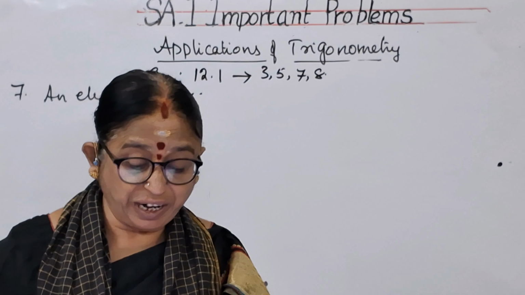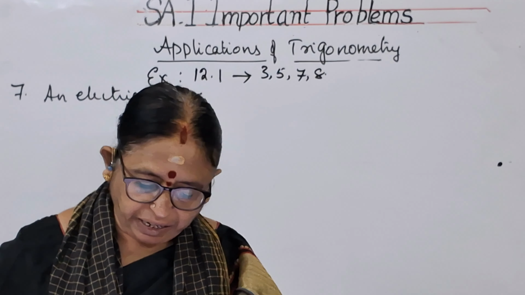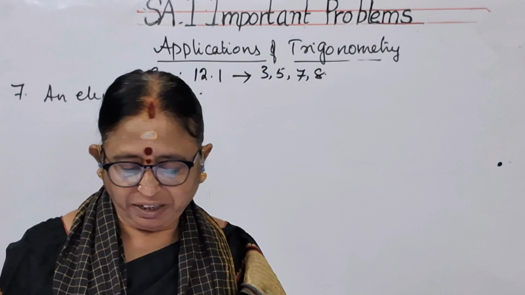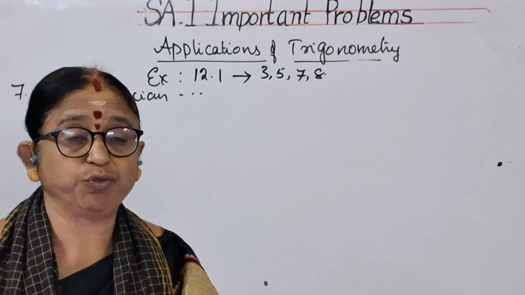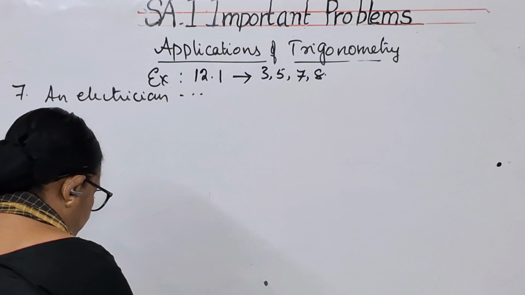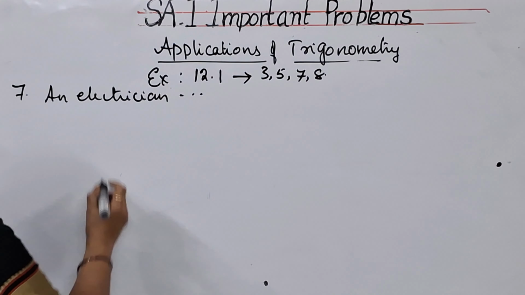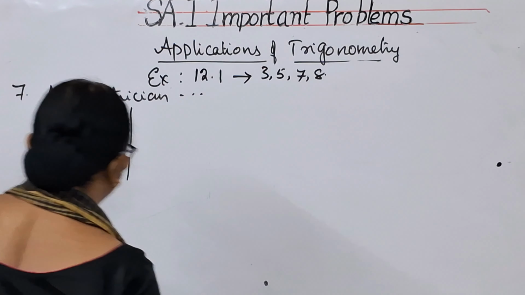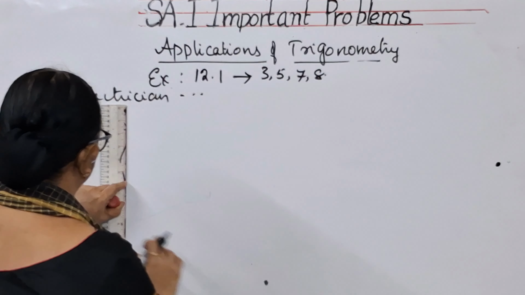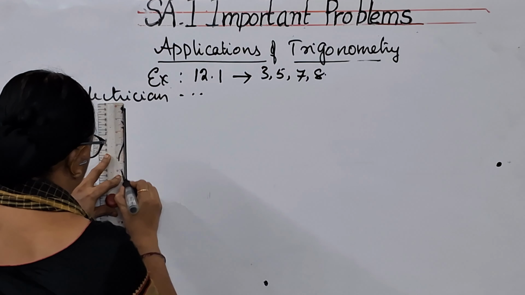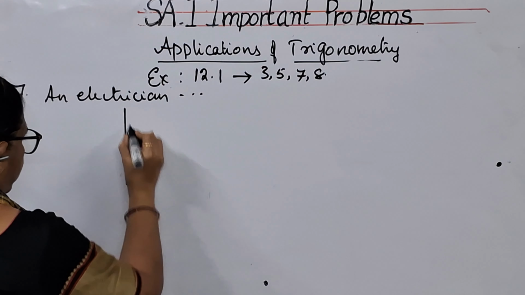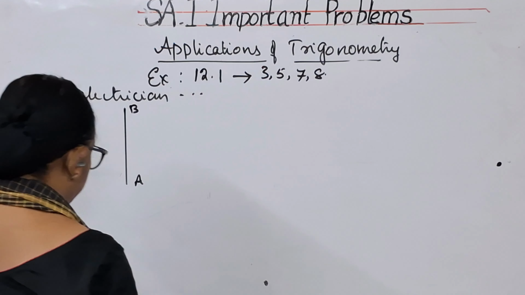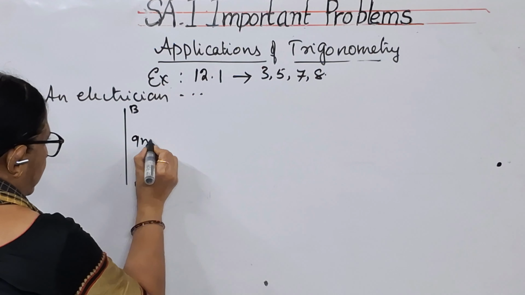What should be the length of the ladder he should use when it makes an angle of 60 degrees to the ground, and what will be the distance between the foot of the ladder and the foot of the pole? This is the question. So, actually there is an electric pole AB. The pole height is 9 meters.